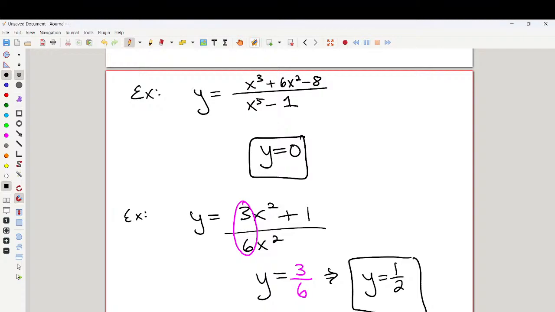And a quick calculus will do this better, but I'm going to tell you anyways. Let's just think about a big number. So, like 100. The top of this fraction would be 100 cubed plus 6 times 100 squared minus 8.